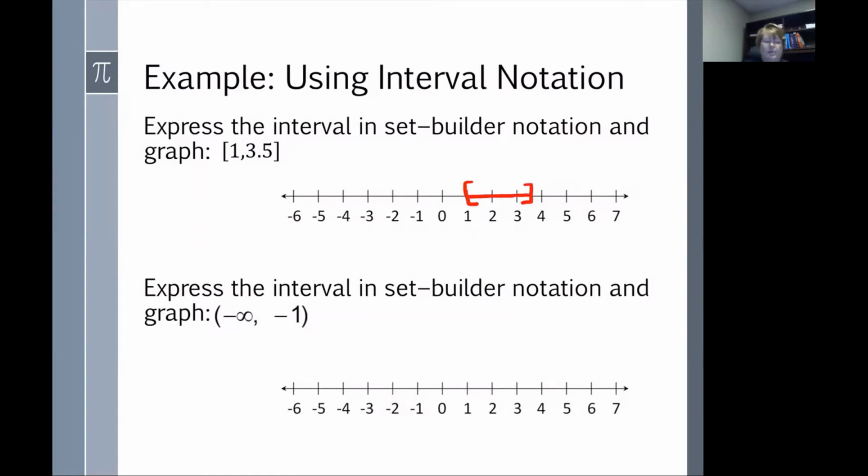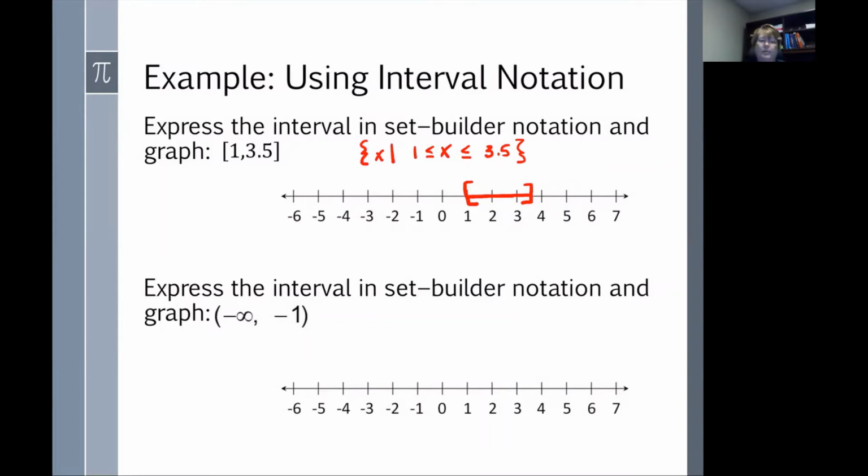In set builder notation, we would write this as the set of all the x's such that, well, it's all the numbers in between 1 and 3.5. So we would say x is greater than or equal to 1 and less than or equal to 3.5. So it's the set of all x such that x is greater than or equal to 1 and it's less than or equal to 3.5.